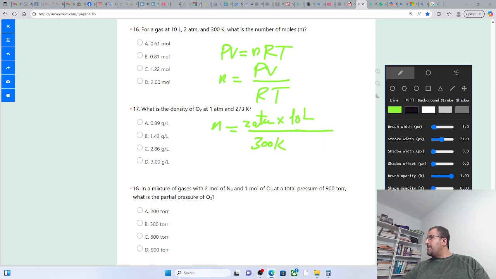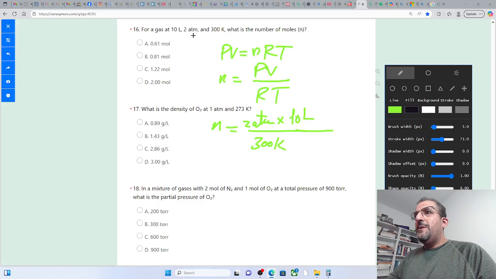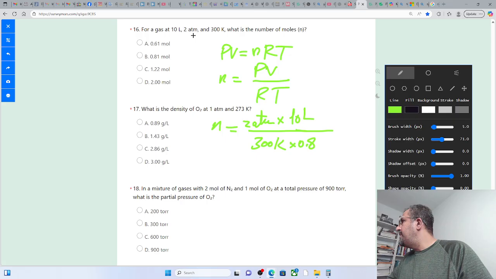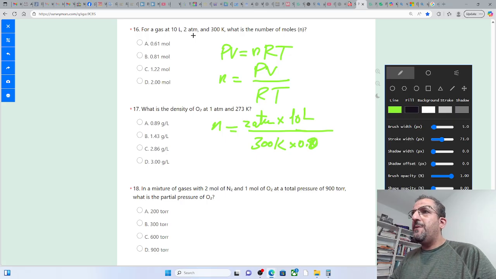So the gas constant is 0.0821. So this is the gas constant.